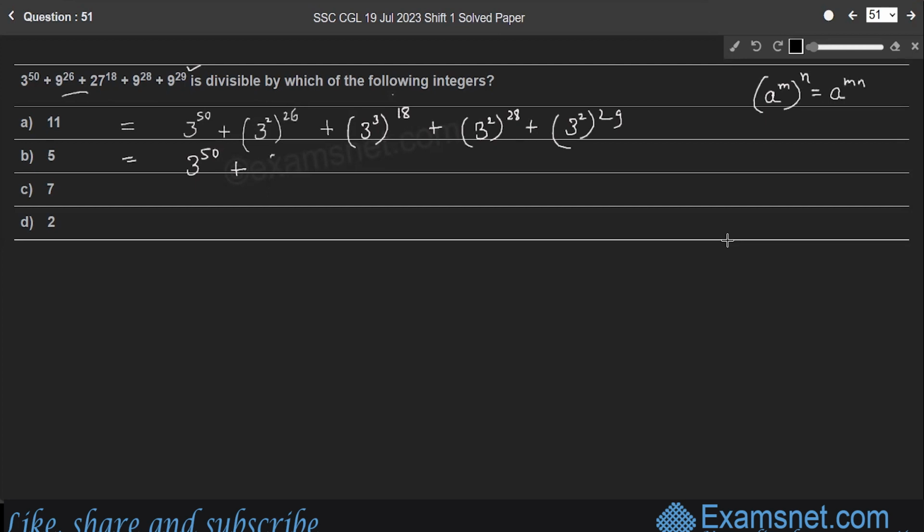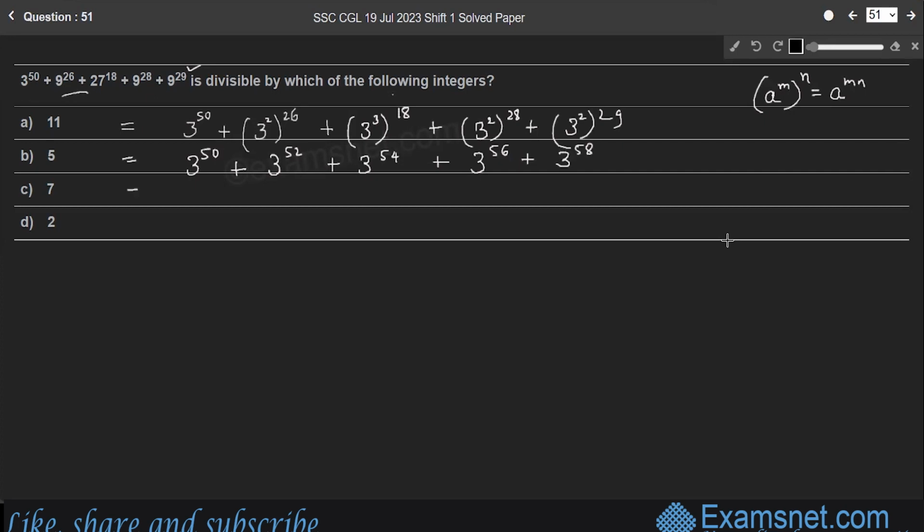Right? A is 3 here. So 3 raised to 2 into 26 is 52. Plus 3 raised to 18 into 3, which is 54. Right? So next comes 3 raised to 28 into 2, 56, plus 3 raised to 29 into 2, 58.